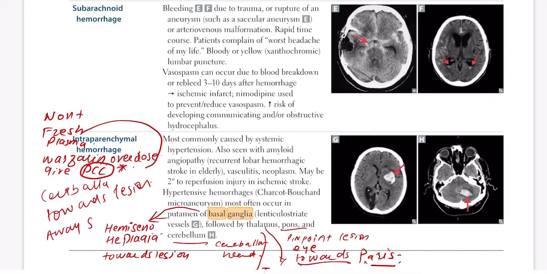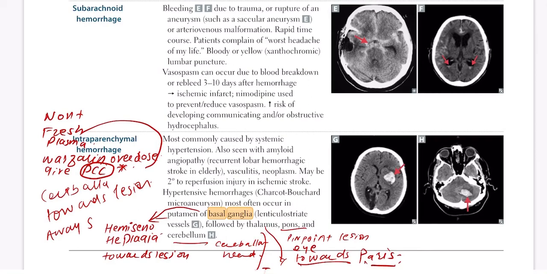Second is going to be the thalamus. As you know, the thalamus most of the time controls your sensory function, but in this one you will have both contralateral hemisensory loss and contralateral hemiplegia. So you're going to see both kinds of symptoms.